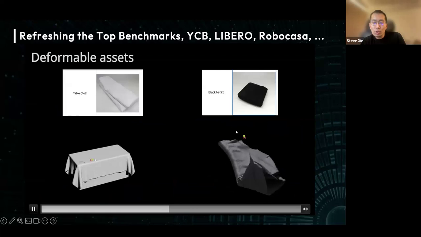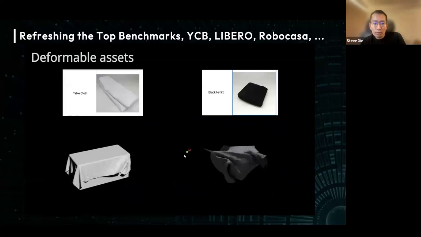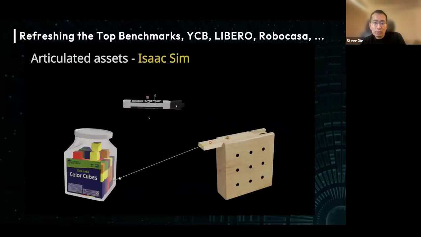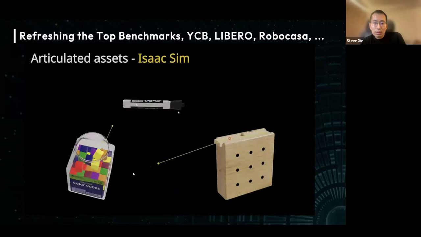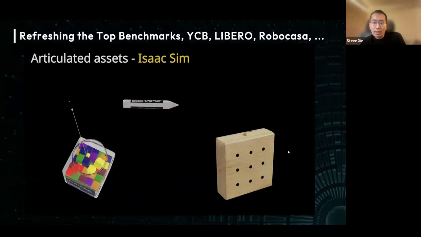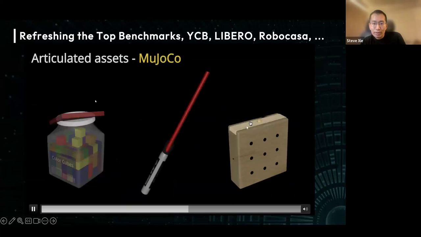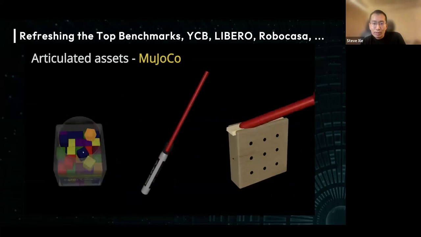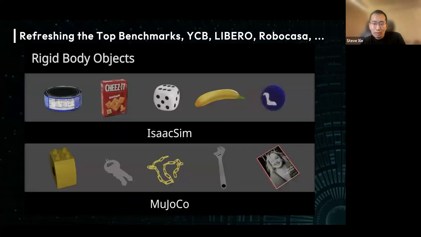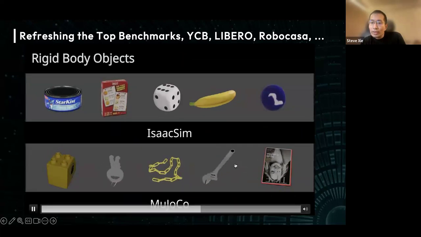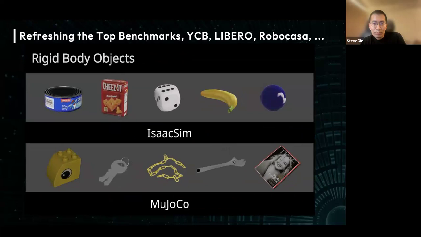And we can even simulate deformables, for example, the cloth. For the major assets, we support all the articulation, and not only supporting SISIM, but also MuJoCo.